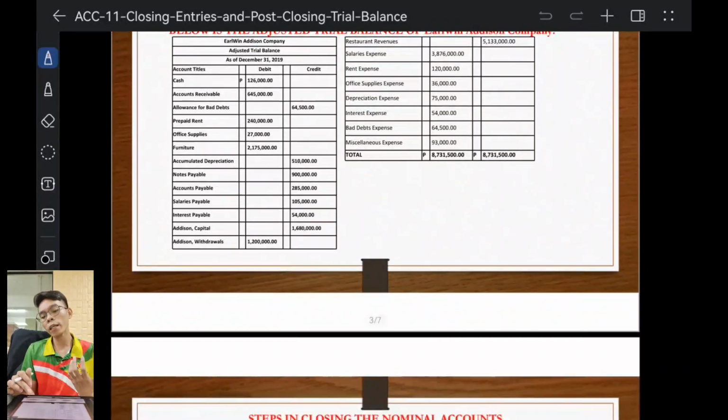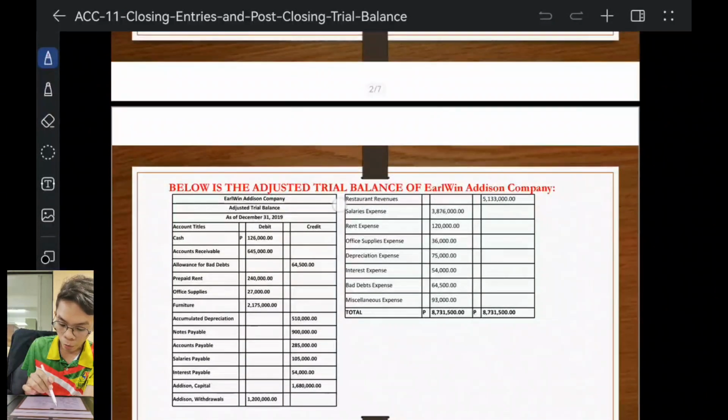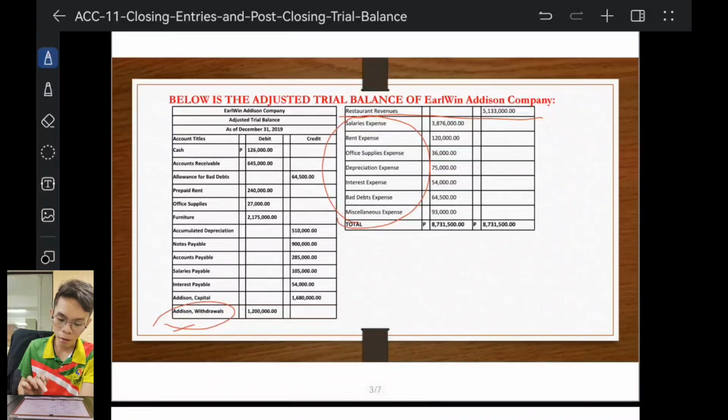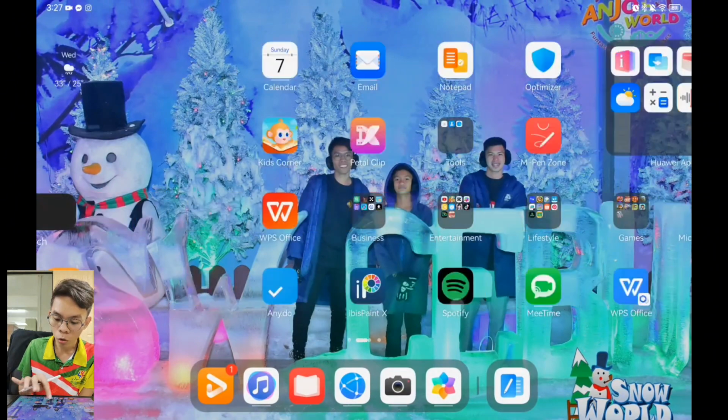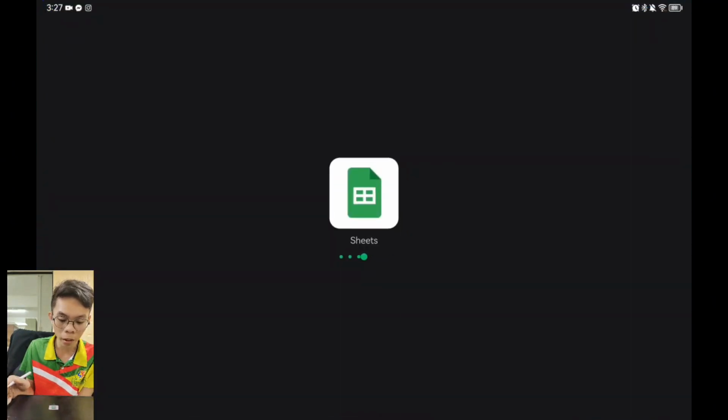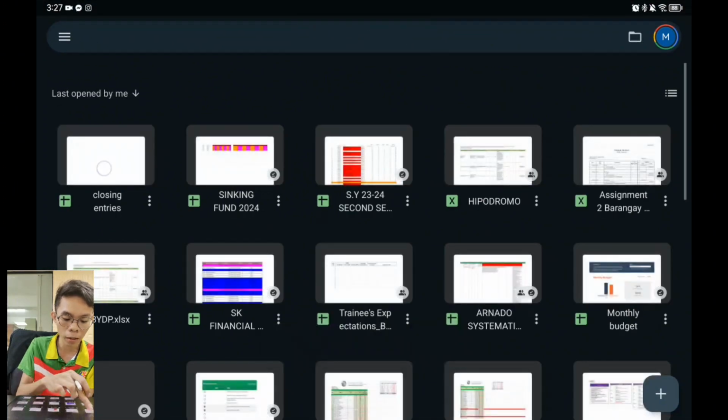As I told you earlier, we will only be closing the nominal accounts, and that would be our revenue, which is the restaurant revenues, all of our expenses, and our withdrawals. Let me put aside the adjusted trial balance so you can see how it looks in closing entries. Where is my Google Sheet here? I have prepared a separate adjusted trial balance.